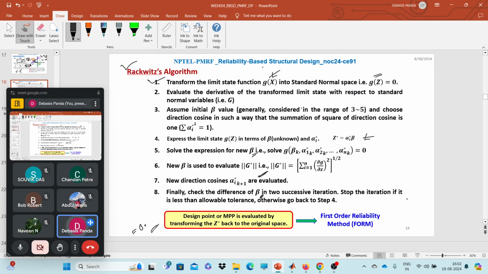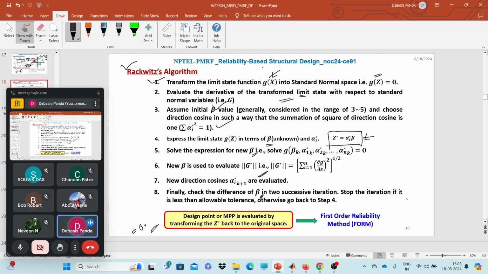So this is the algorithm. First, we need to convert it into standard normal space. We need to evaluate the derivatives of the transformed function in standard normal space to get the direction cosines. Then we first assume an initial value of beta and initial value of alpha. Then based on the initial values of alpha and beta, we can calculate the beta value from that G(z), because we know that at the design point z is nothing but alpha times beta.